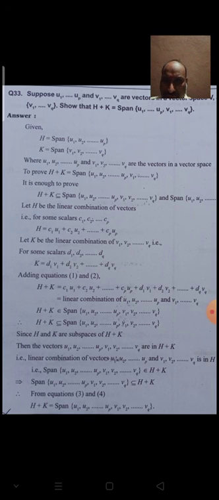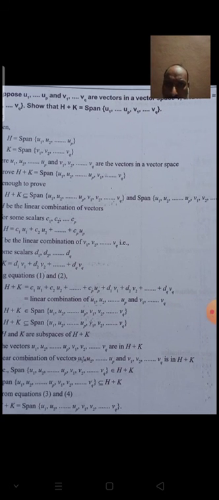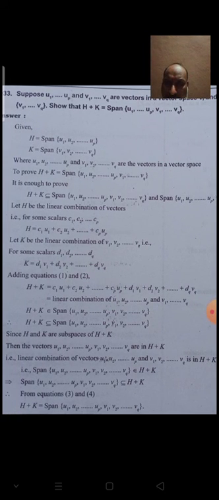Adding equations 1 and 2, H plus K equals C1 U1 plus C2 U2 plus and so on Cp UP plus D1 V1 plus D2 V2 plus and so on plus DQ VQ, which is a linear combination of U1, U2, and so on UP and V1, V2, and so on VQ.